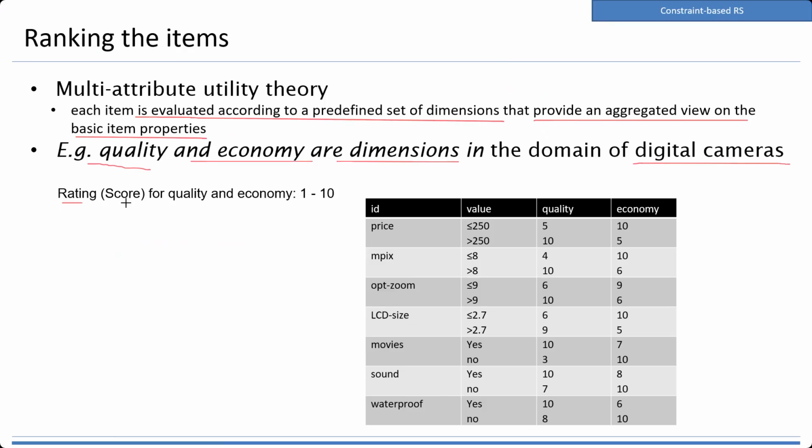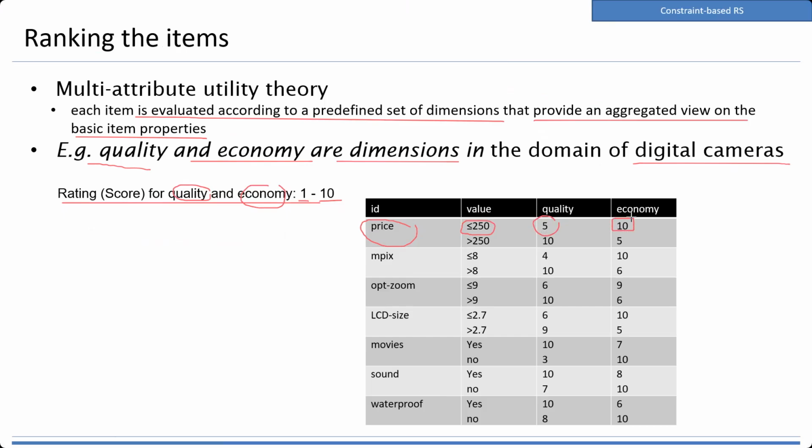So we have the rating score for the quality and the economy from 1 until 10. We define, let's say, if the price is less than or equal to 250, the quality is 5 and the economy is 10. So it is a kind of trade-off.